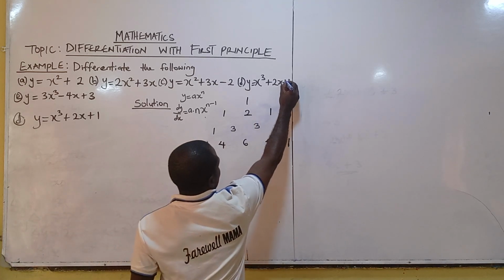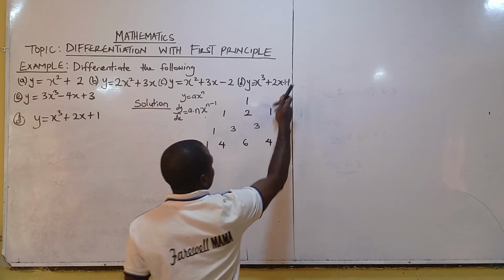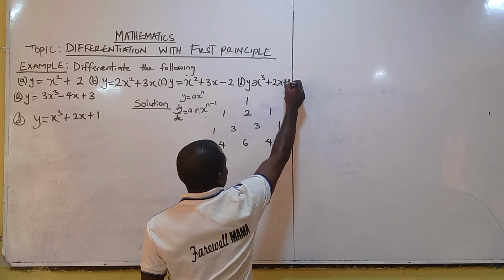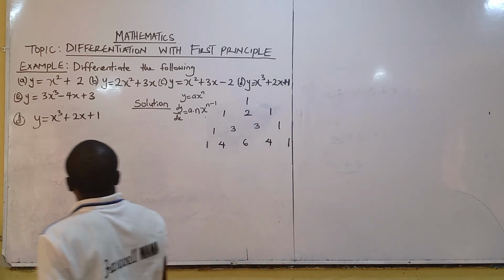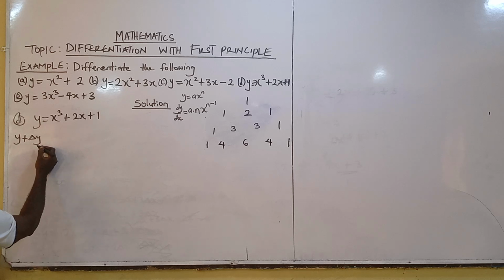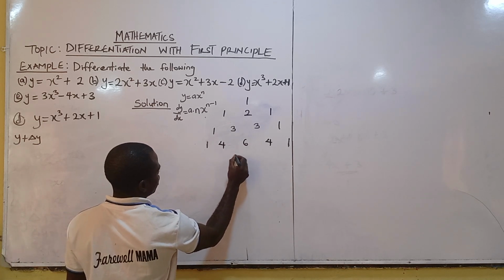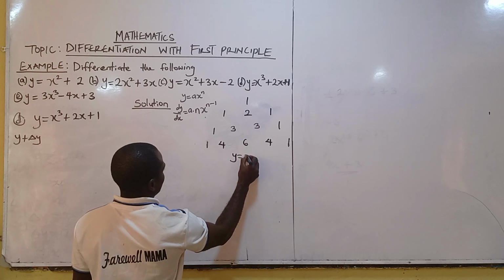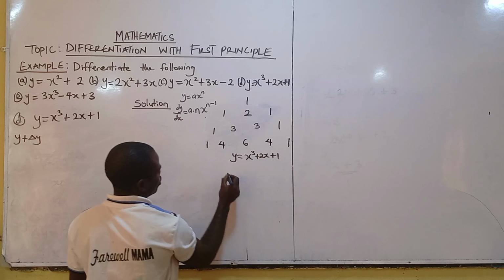Now let's do the differentiation with the general method to see what we are going to get. y equals x raised to the power 3 plus 2x plus 1.